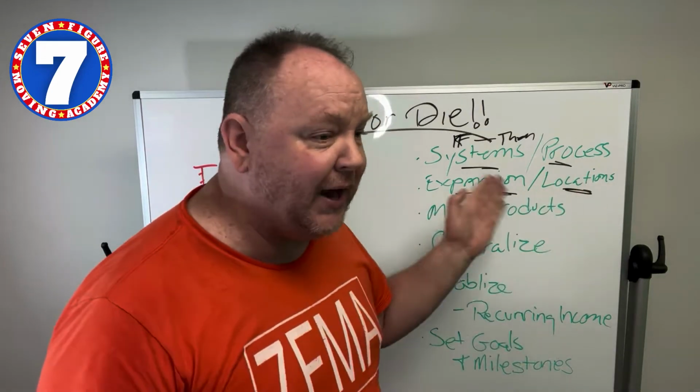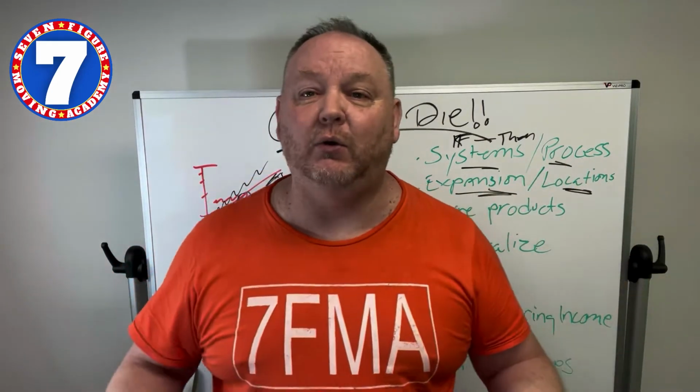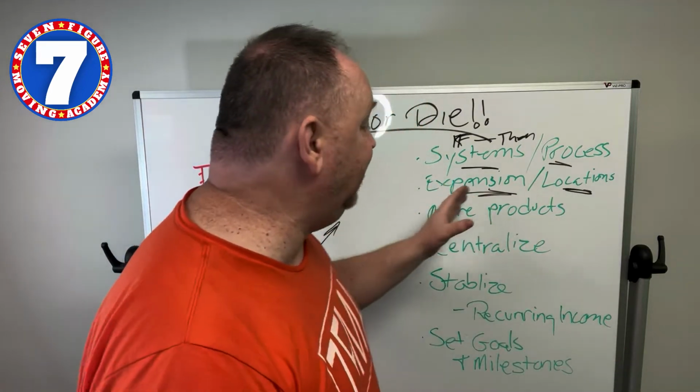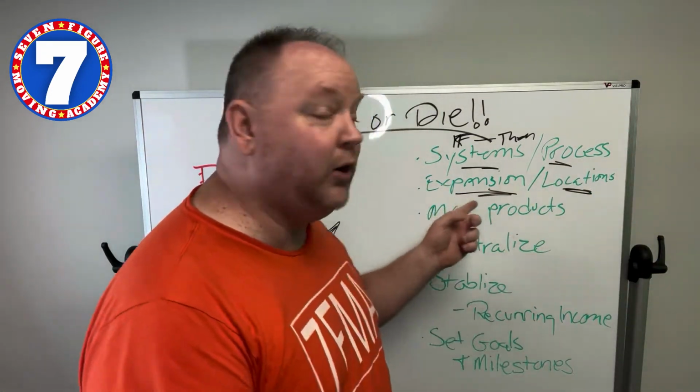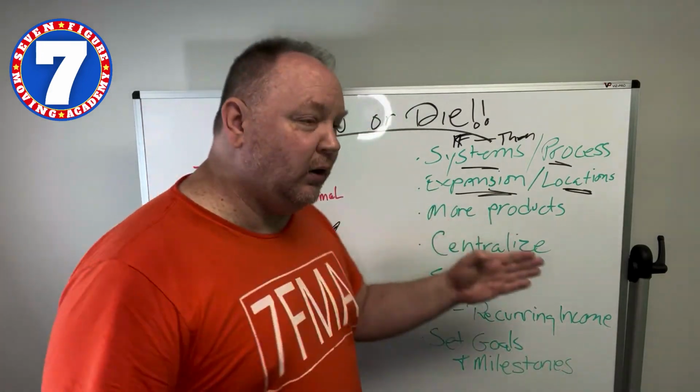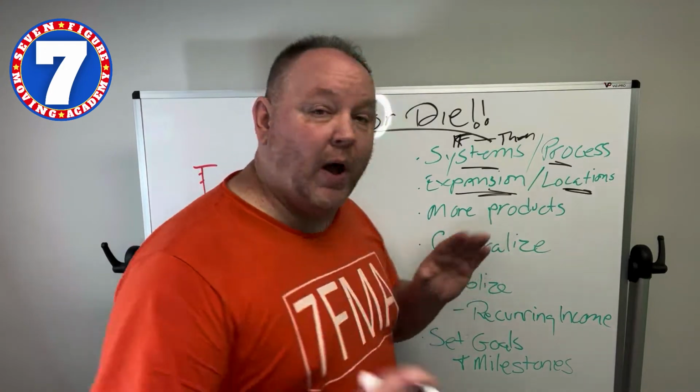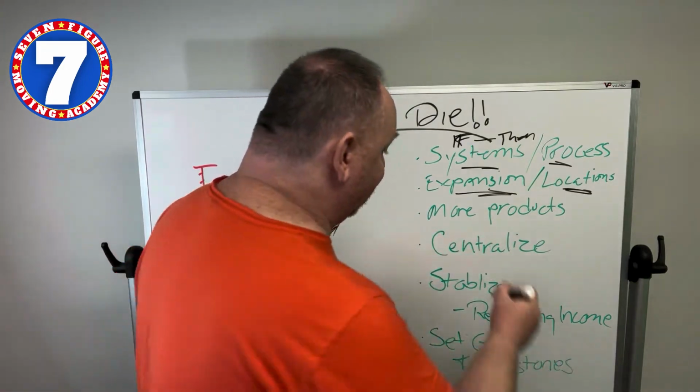Like if you're a chiropractor, maybe you start doing different locations for chiropractic. Or maybe you add more chiropractors into the one location that you have, right? And so on.